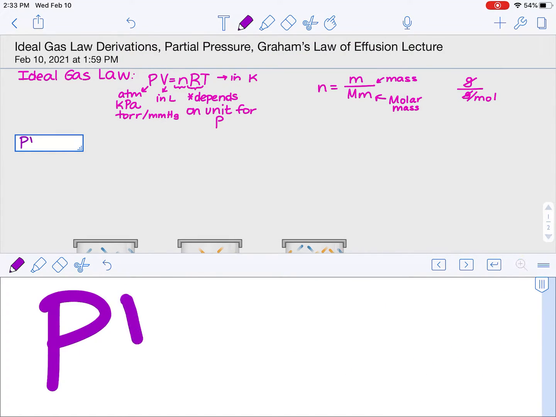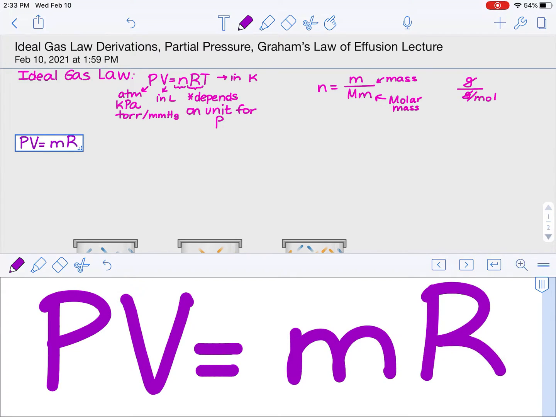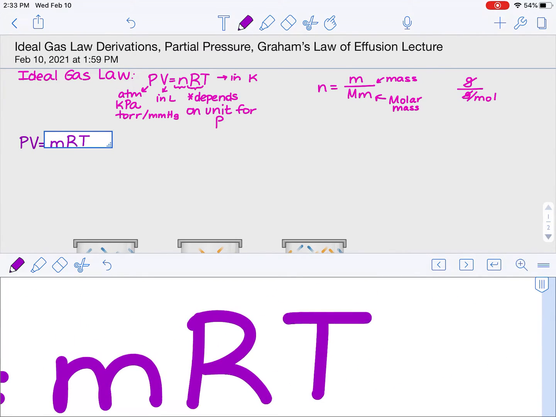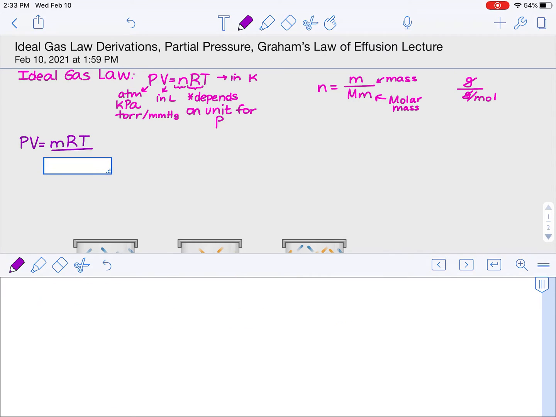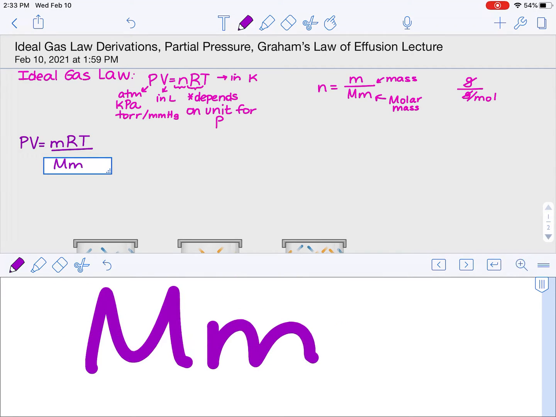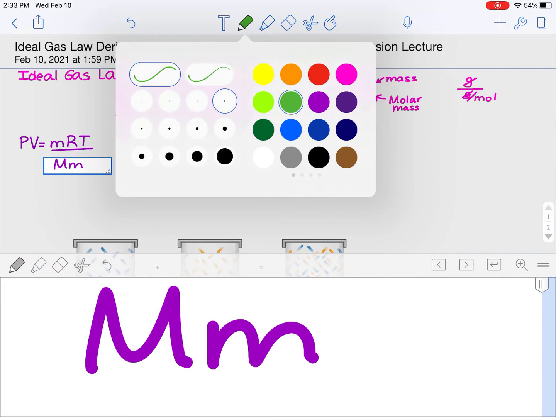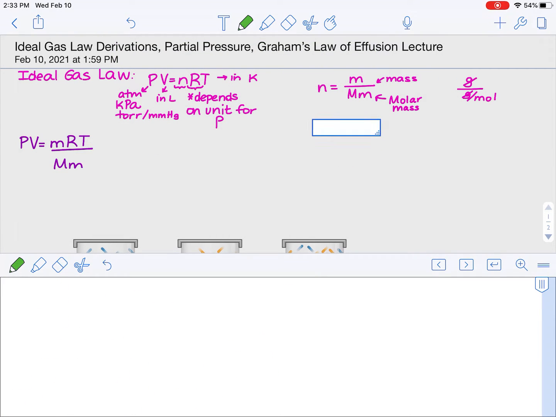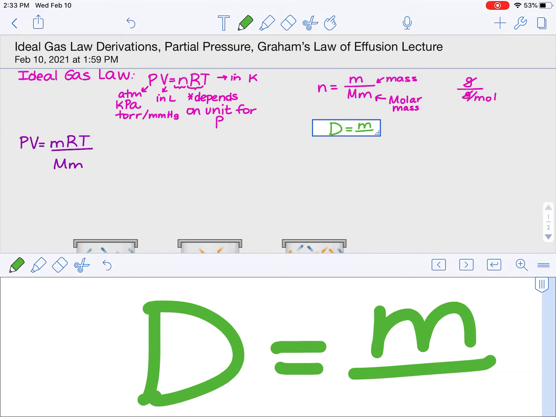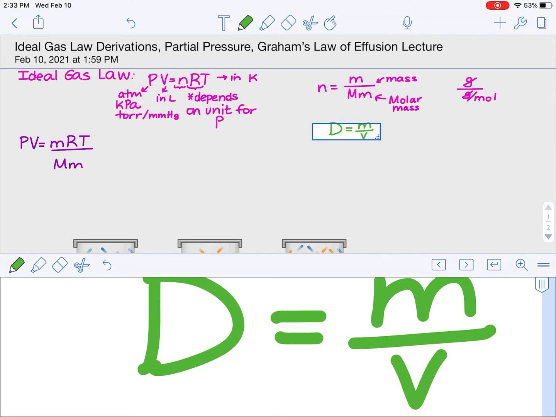So the first derivation that we're able to write from the ideal gas law is the following. PV is equal to mRT divided by MM, big M, little m, for molar mass. Now, since we're talking about gases, it's next to impossible to measure the mass of a gas. So what other property are we able to utilize? We can tap into the density.